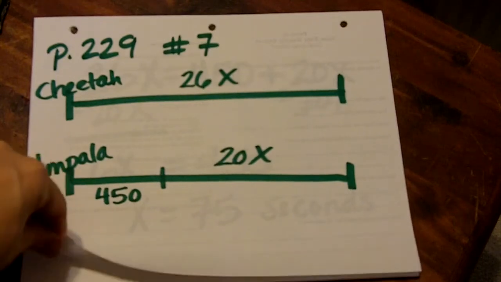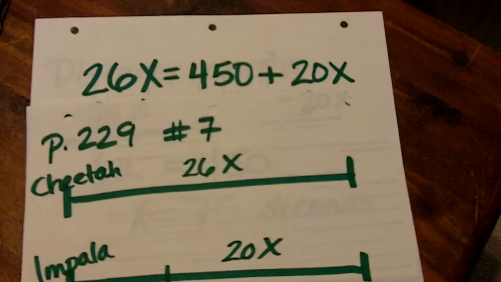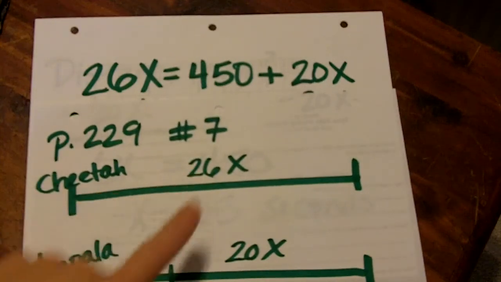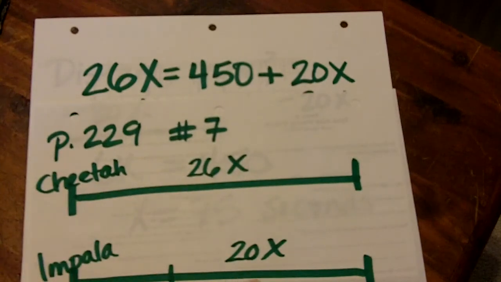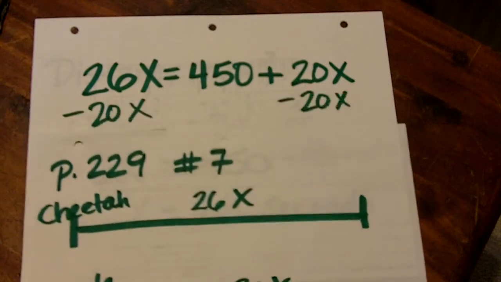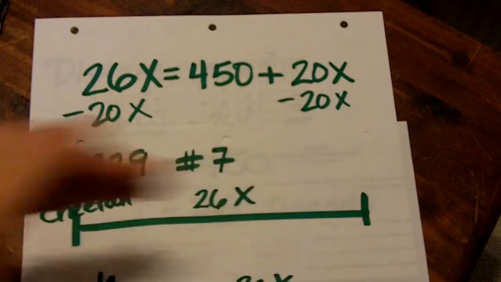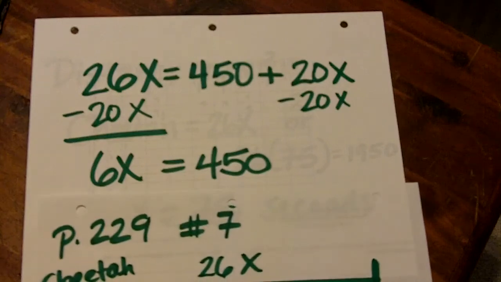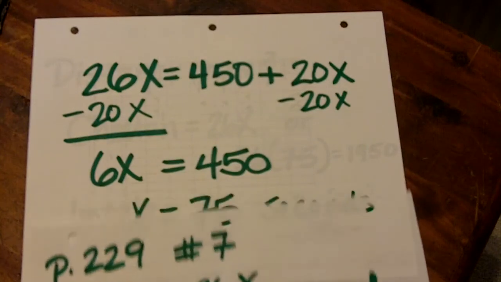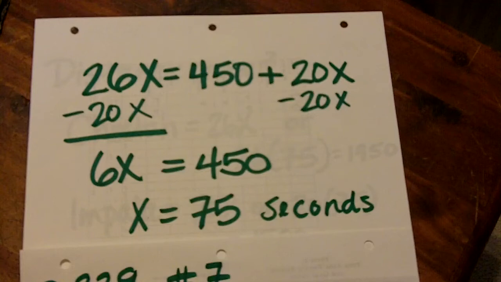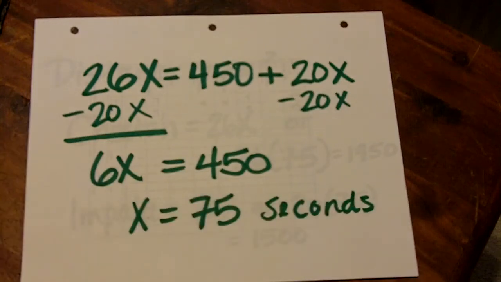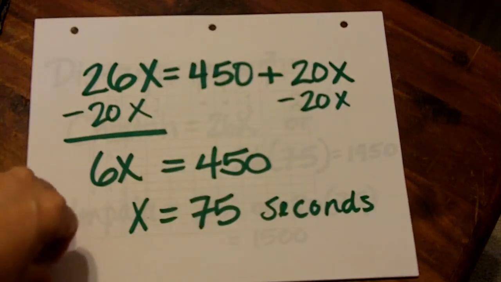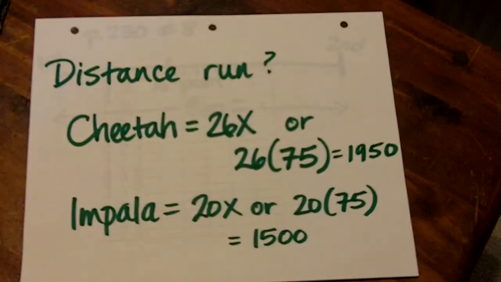If you were to set that up in an equation, you would have 26x equals 450 plus 20x. And of course, to solve that, you would move the 20x over to the other side by subtracting it, or doing the inverse operation. You would end up with 6x equals 450, and then you would find that x equals 75 seconds. So that's how long it takes for the cheetah to catch up with the impala.